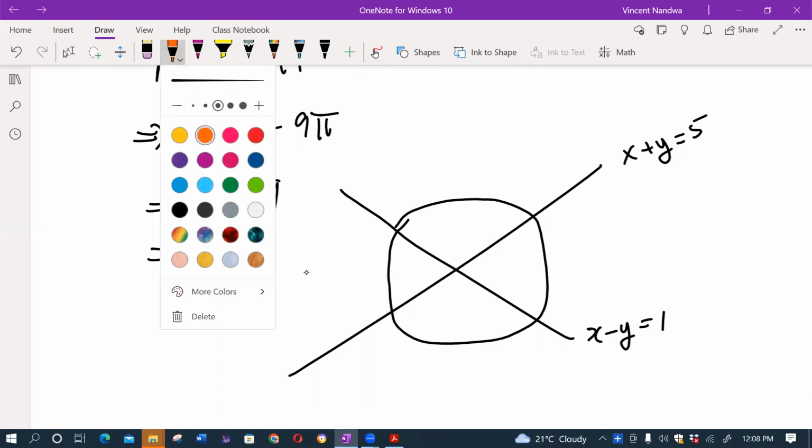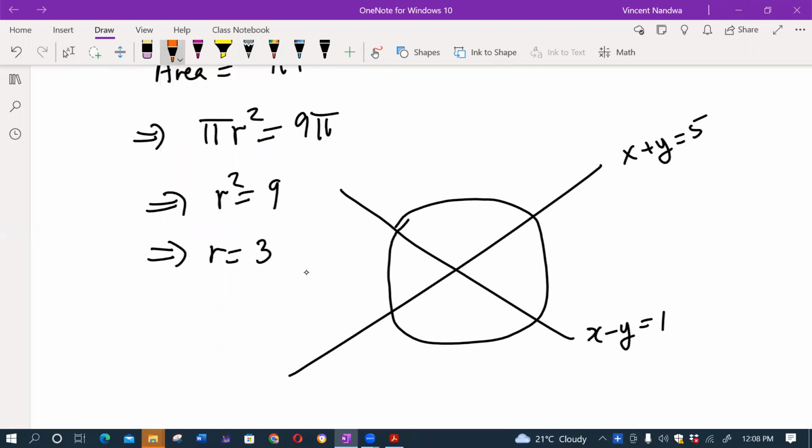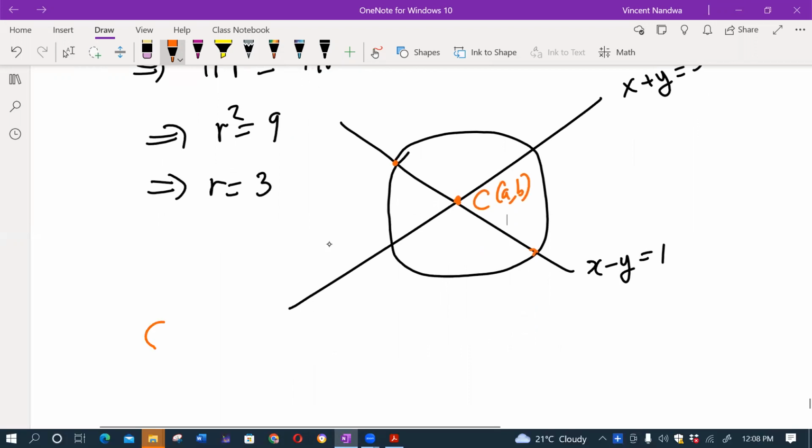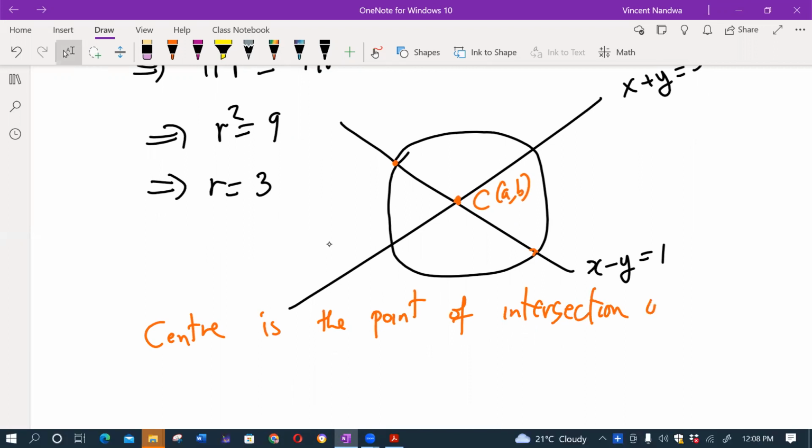If the diameter is along this line and also along this other line, then the point of intersection of these two lines must be the center of the circle. So therefore, the center is the point of intersection of the two lines.